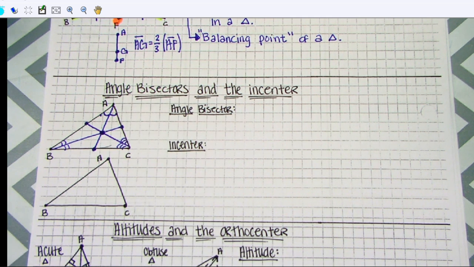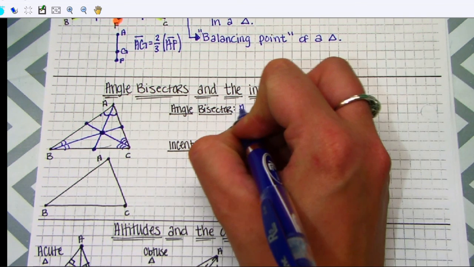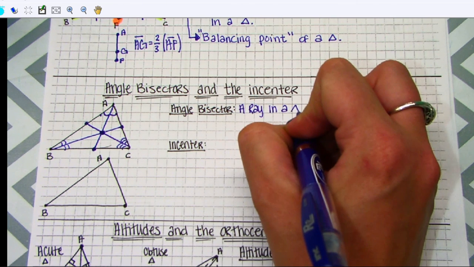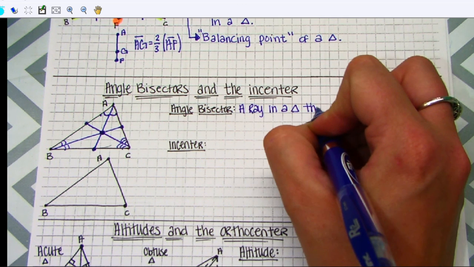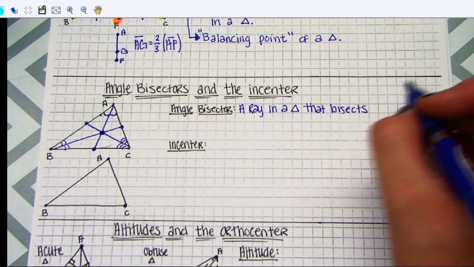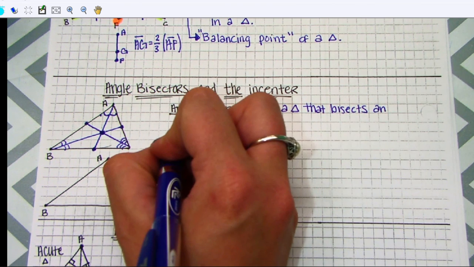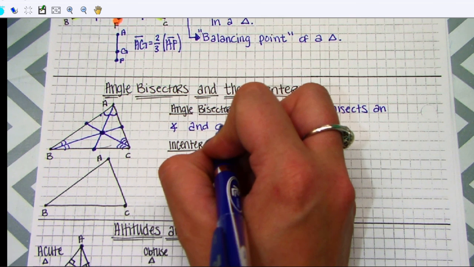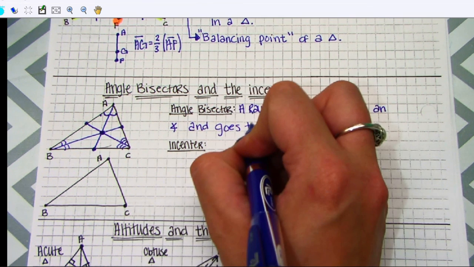So an angle bisector is a ray in a triangle that bisects an angle and goes through the opposite side.